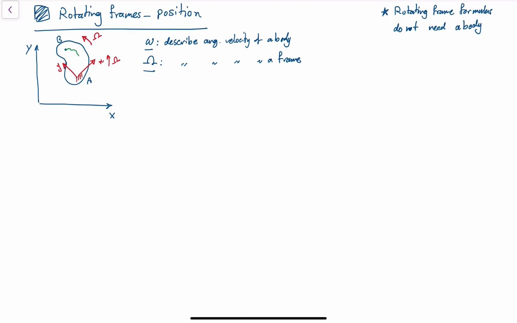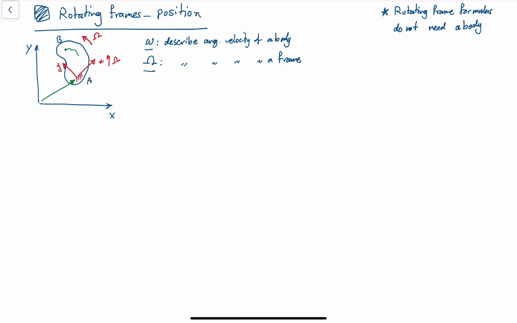Okay, so going back to where we were describing the setup. So now I have a local frame, little xy, a base frame, big xy, and I want to relate motion of B to the known information about this moving and rotating frame. So position is easy. That's why I start with position.